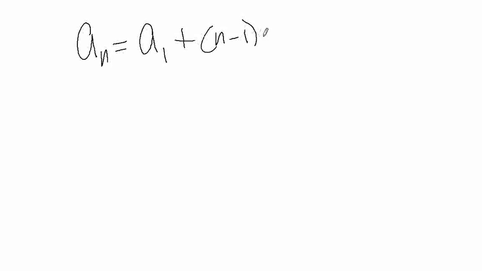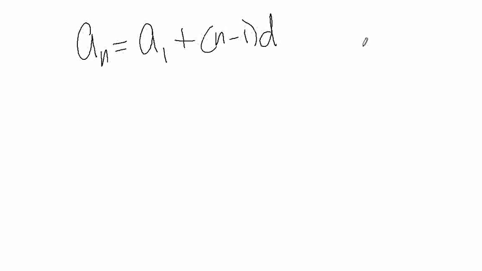All right, so let's continue. So what is an arithmetic sequence? An arithmetic sequence is a sequence that can be described by the following function for some value of a sub 1 and d. Okay?